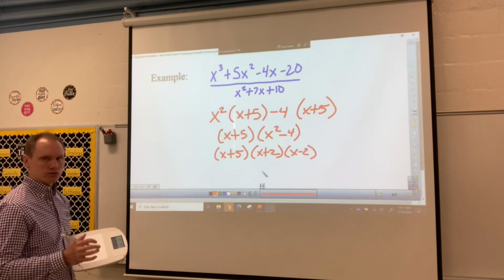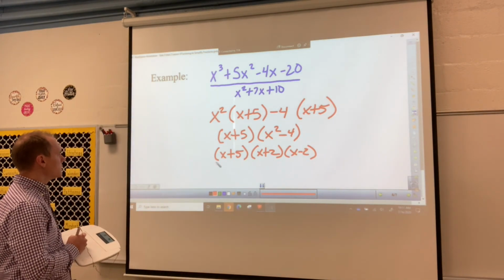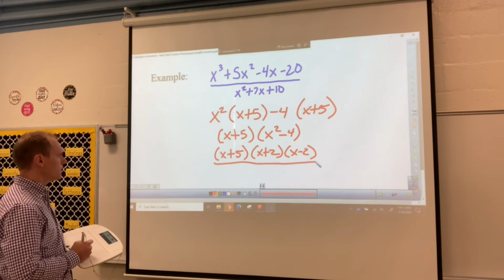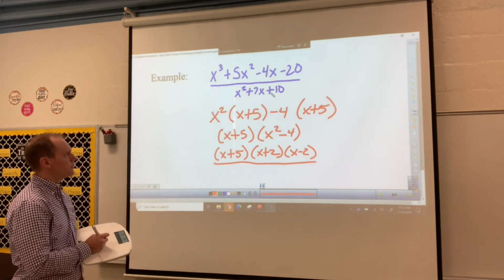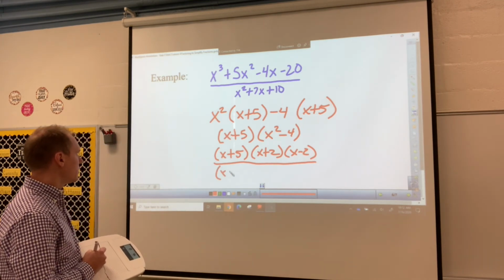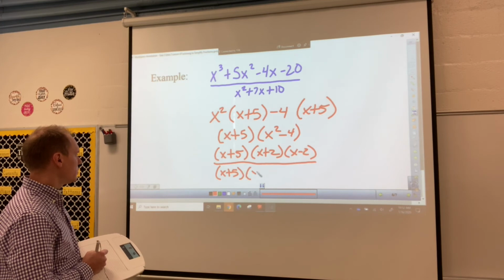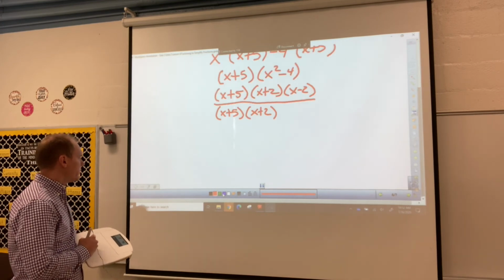So far we've just rewritten the numerator in factored form. In the denominator, so I'm going to draw the line now of our fraction. In the denominator, that's going to factor into x plus 5, x plus 2, which will simplify actually quite nicely here.